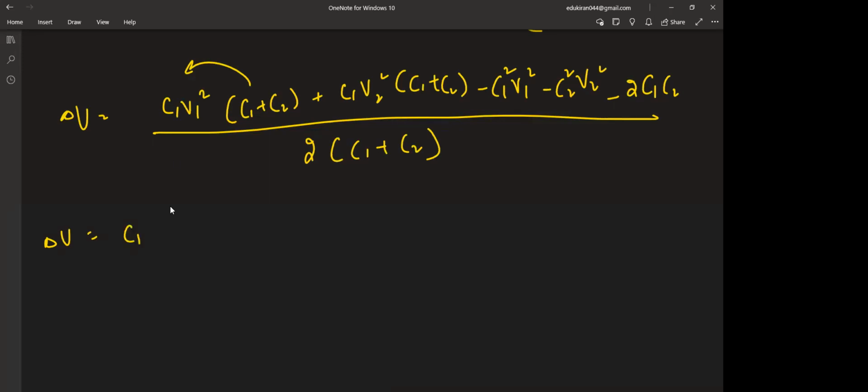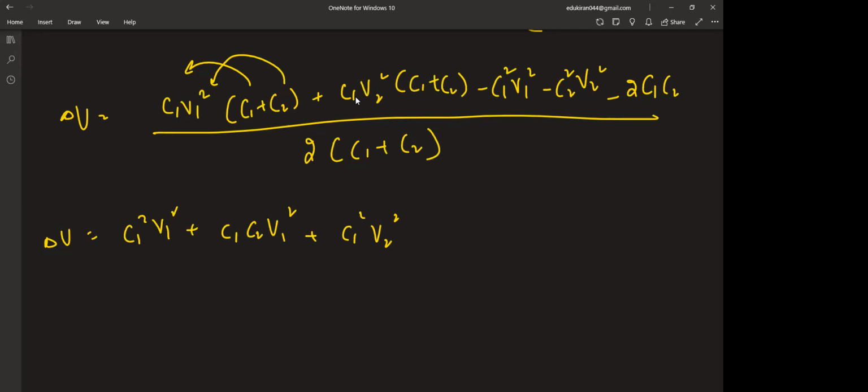So see, this becomes C1 square V1 square, plus, then we'll multiply this, that becomes C1 C2 V1 square. Again here, C1 square V2 square. This is C1 C2, C1 into C2.